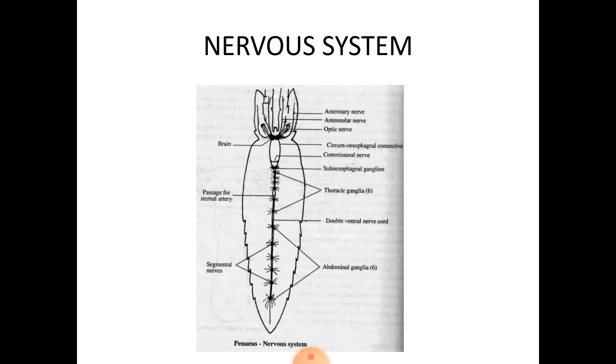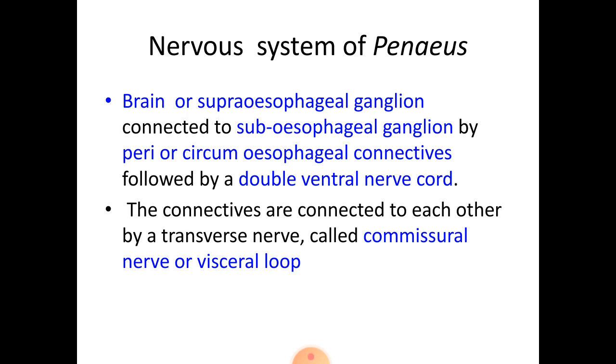Next is the nervous system. The nervous system of Penaeus consists of a brain or supraesophageal ganglion which is connected to the subesophageal ganglion by a circumesophageal connective which is followed by a double ventral nerve cord.